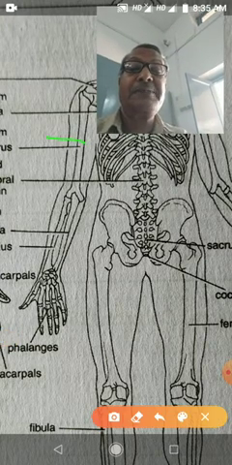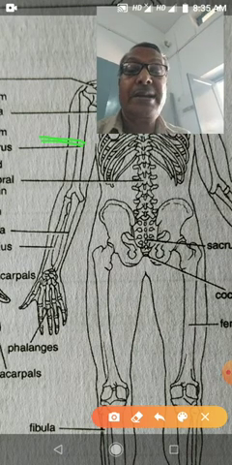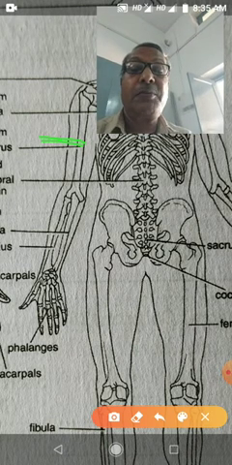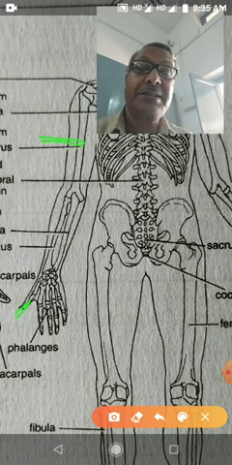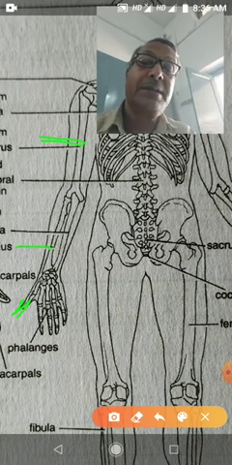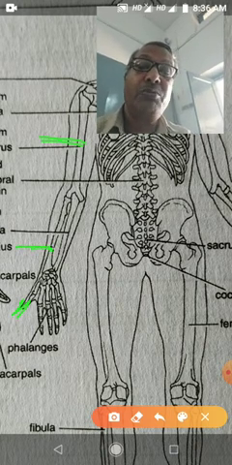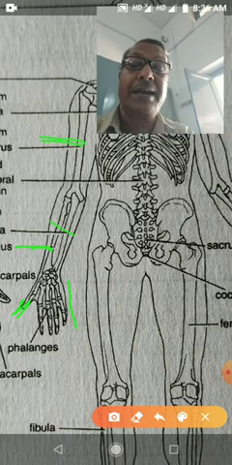In the forearm, the humerus is present in the upper arm. Radius and ulna: the bone towards the side of the thumb, in the lower arm, is the radius, and the bone towards the little finger is the ulna.